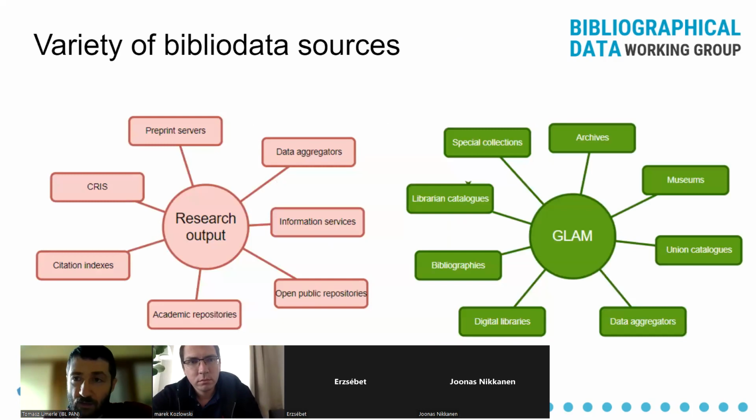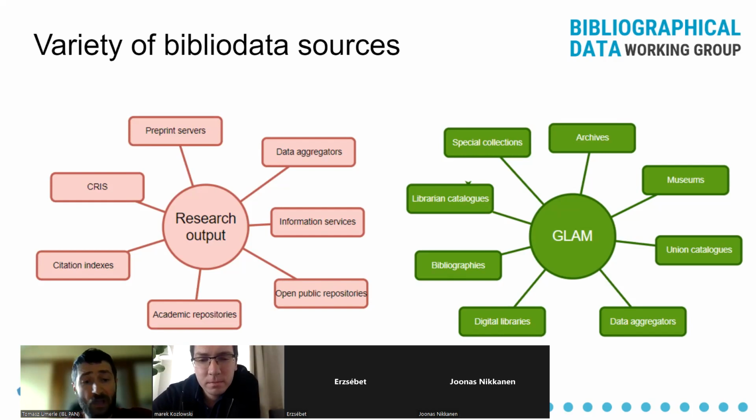When you look more closely at this division between research infrastructures and GLAM infrastructures that deal with bibliographical metadata, we can see different services and pieces of infrastructure on the one hand and the other. For research output, we have current research information systems, citation indexes, different kinds of repositories, metadata aggregators.